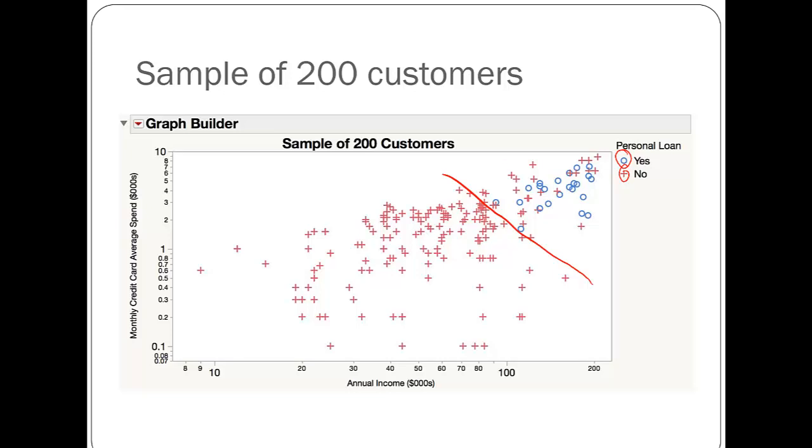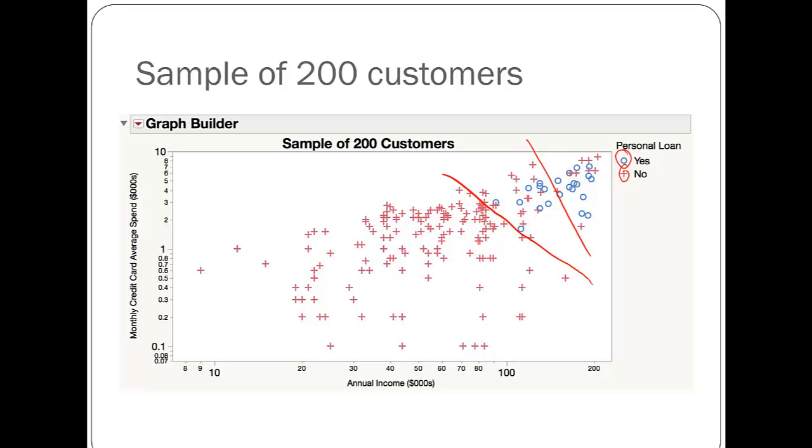And so what we would need to do is go through and figure out what the error rate is for that line, and then maybe this line, and so forth, until we find the line that gives us the best separation between these two groups.